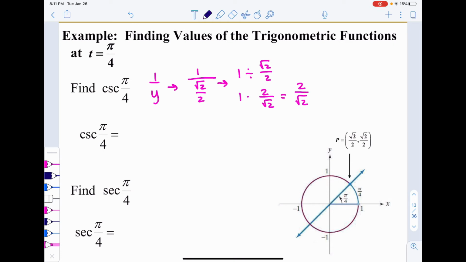We can rationalize that denominator by multiplying by root 2 over root 2, which is going to give us 2 root 2 divided by 2, which gives us a final answer of the square root of 2.